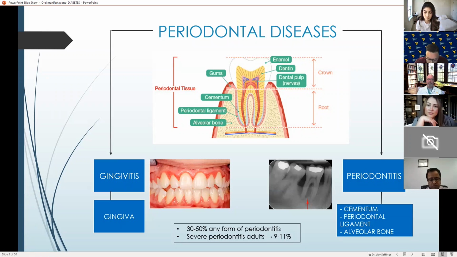Between 30 to 50% of adults suffer from any form of periodontitis, including the mild and moderate variant, while the prevalence of severe periodontitis in adults is estimated to be approximately between 9 to 11%.